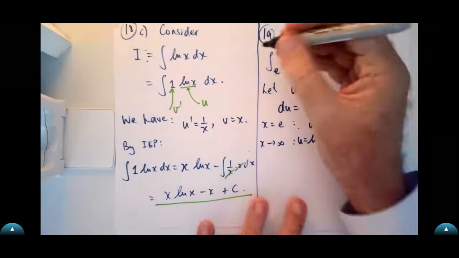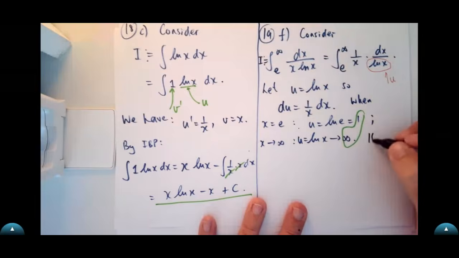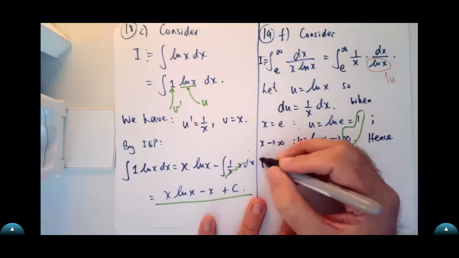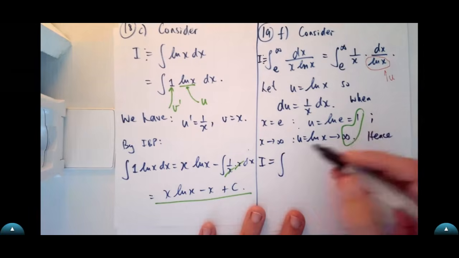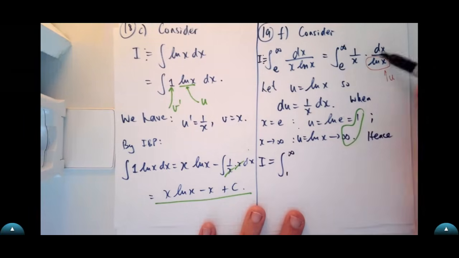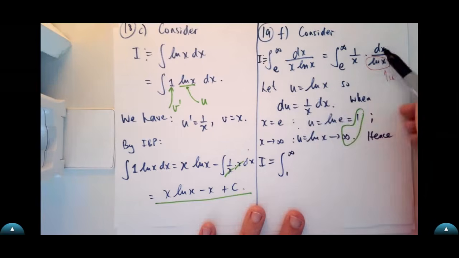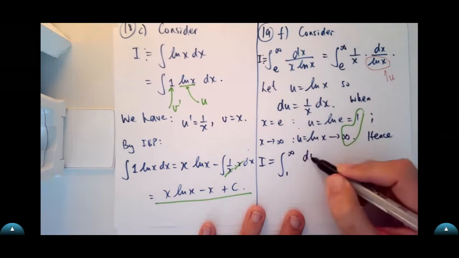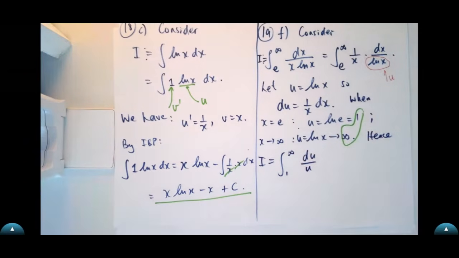Let me label this I. We go from 1 to infinity, and we substitute out 1 on x dx for du and log x with u.